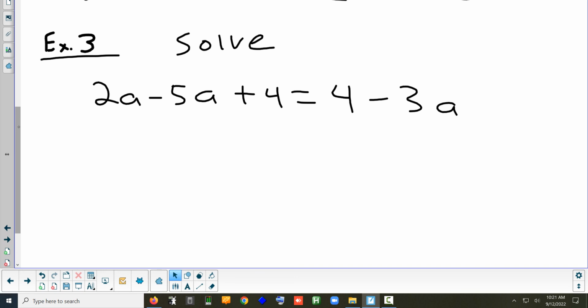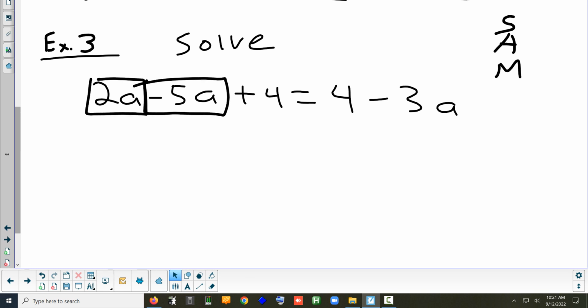Good. So first step, look for distributive property. Nope, don't see it. Then look for combining like terms. We do have like terms. So Brady just told us what they were: 2a and negative 5a.